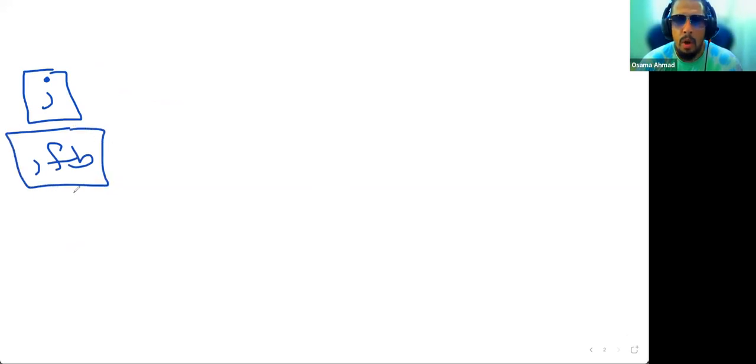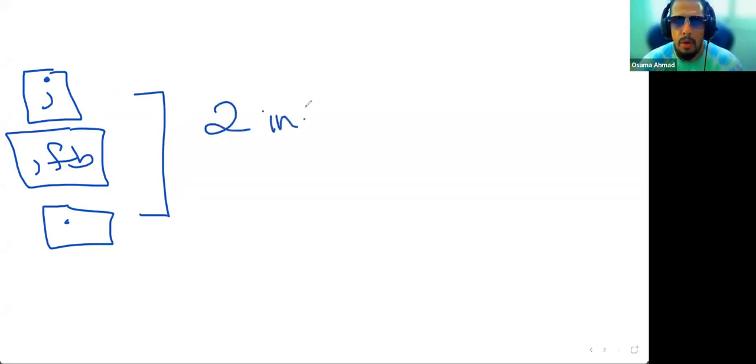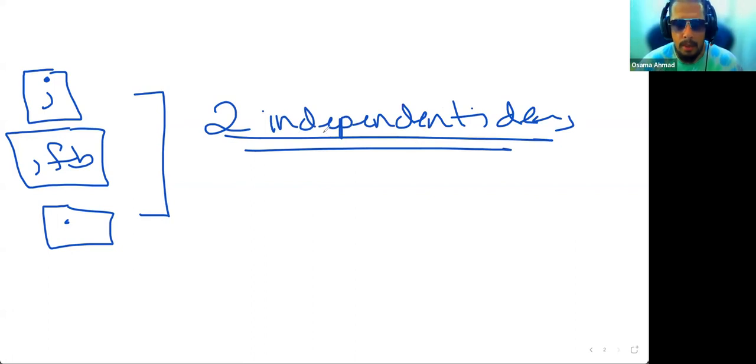Let's get started. When you're dealing with a semicolon, a comma FANBOYS, or a period, what is your job? Your job is to identify two independent ideas. This can get tricky.